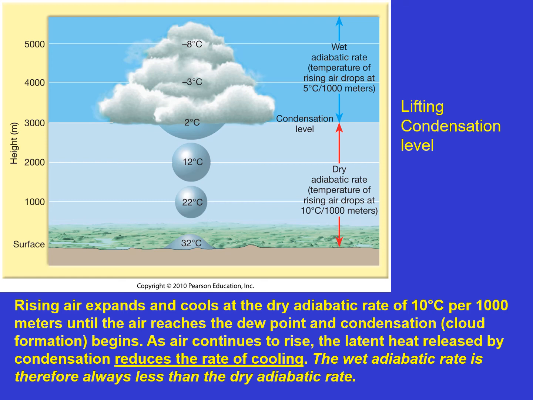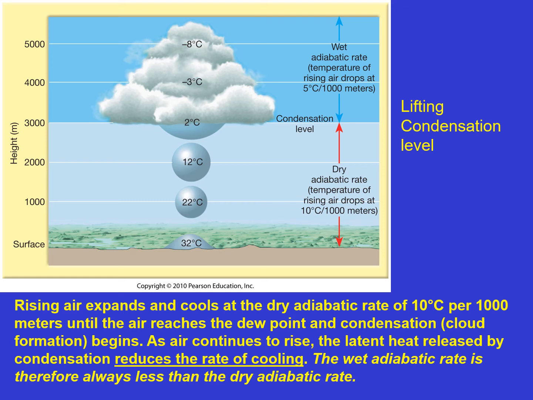Okay, so the rising, warm air mass is expanding as it rises. Therefore, it's cooling adiabatically. It's going to cool at the dry adiabatic rate of 10 degrees Celsius cooling per 1,000 meters until the air reaches the dew point, and then condensation occurs and cloud formation begins.